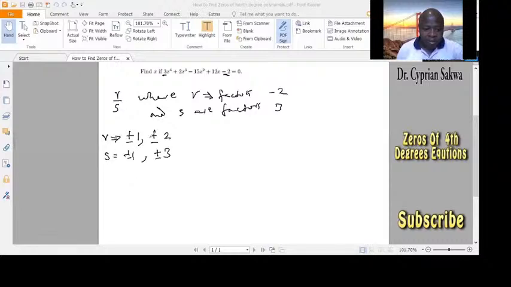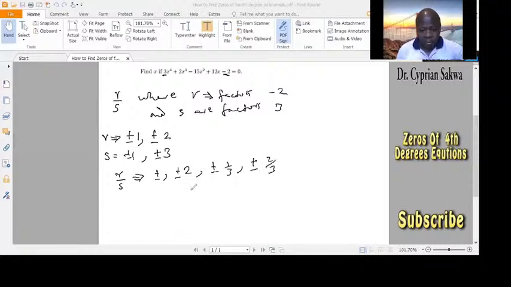If r is this and s is positive or negative 1, then r over s could be positive or negative 1 and positive or negative 2. So I've just divided this into this. What about if s is this? If s is positive or negative 3, then our r over s will be positive or negative 1/3 and positive or negative 2/3.